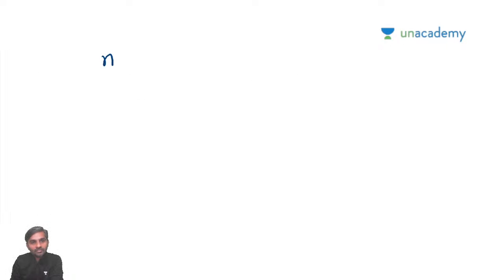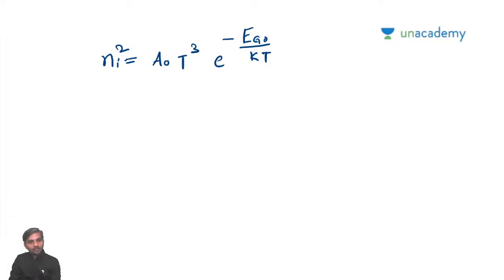See, ni square is equal to A0 into T cube into e power minus Eg0 by kT. Remember this. What is A0?